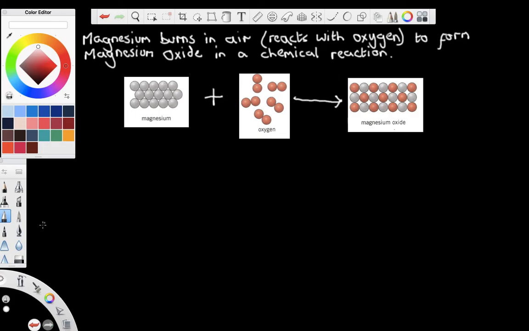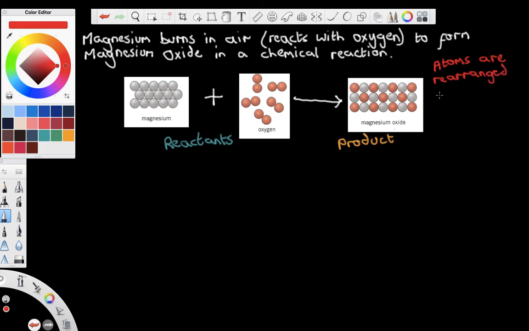So these are our reactants. And this is our product. Now, as I said, atoms are rearranged, so this is a chemical reaction.